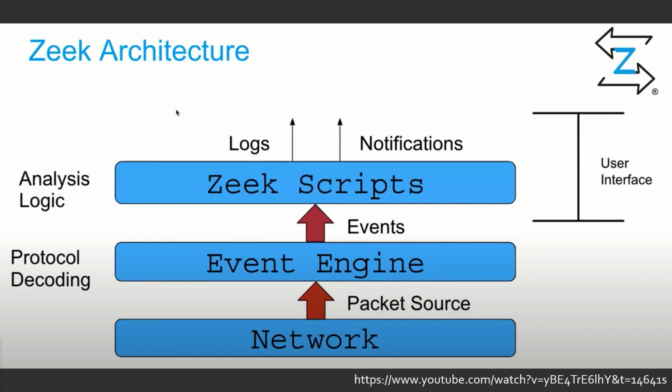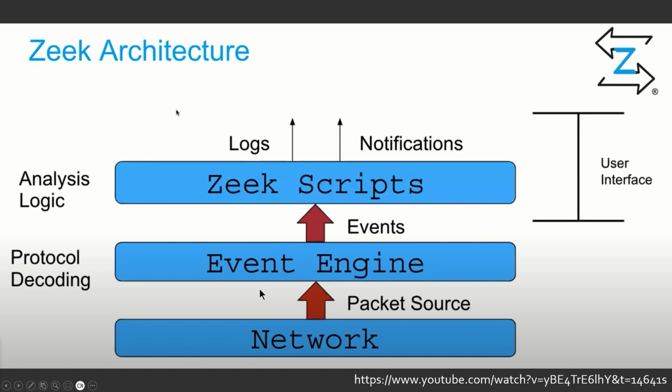So more on the Zeek architecture here. As you can see, firstly, raw traffic is fed into the Zeek engine, and it goes through this network stack first. All the packets that have been collected through any kind of source are pushed into the Zeek event engine, where the engine parses protocols into events.